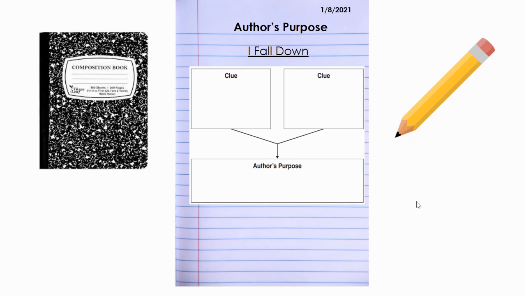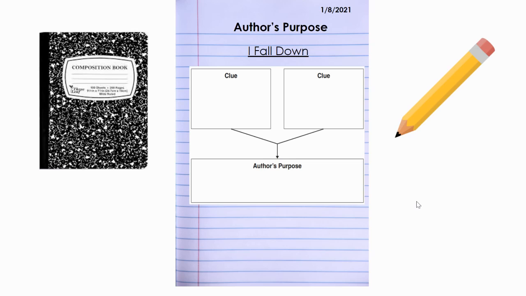After you've filled in the title, you are then going to draw your boxes for your graphic organizer. You are going to draw 2 rectangles at the top, side by side, and label them with the word clue at the top.